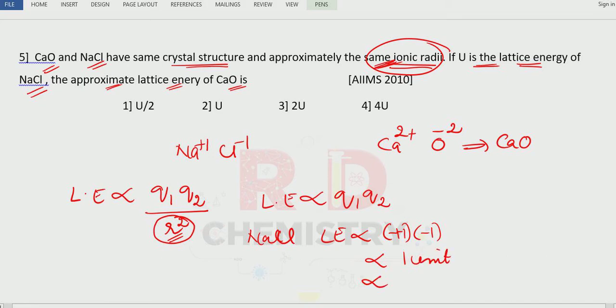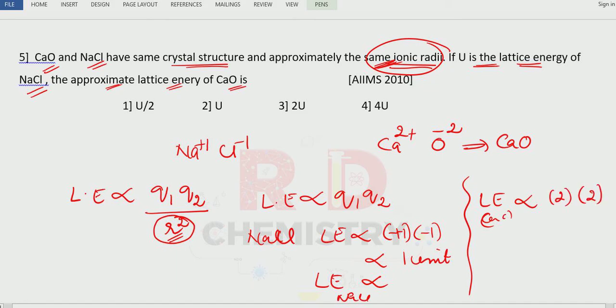1 into 1. And they have given, if U is the lattice energy, let the lattice energy of sodium chloride be equal to 1 unit. That is U. We'll go for calcium oxide. Lattice enthalpy of calcium oxide is proportional to cationic charge 2, anionic charge 2.